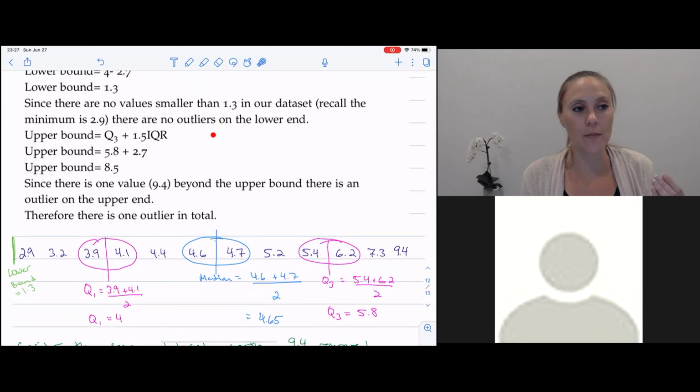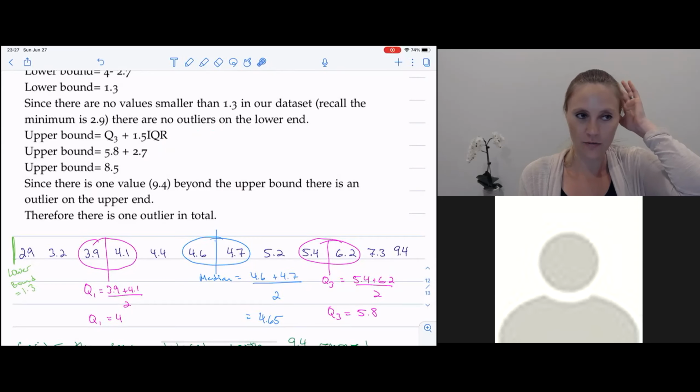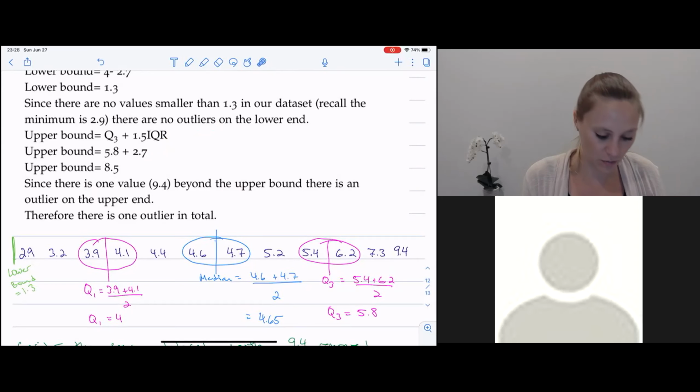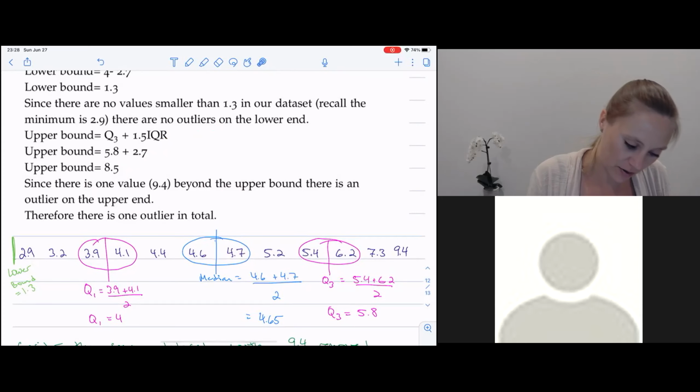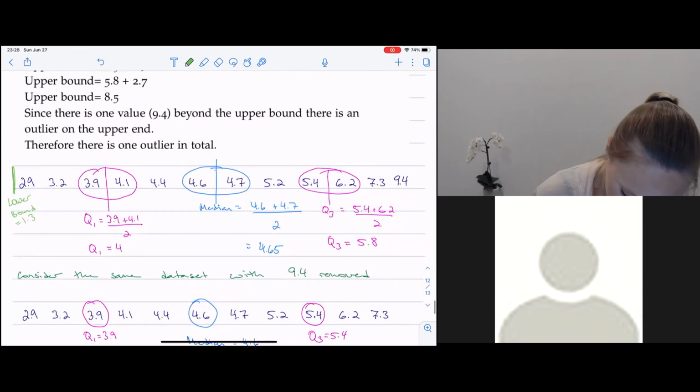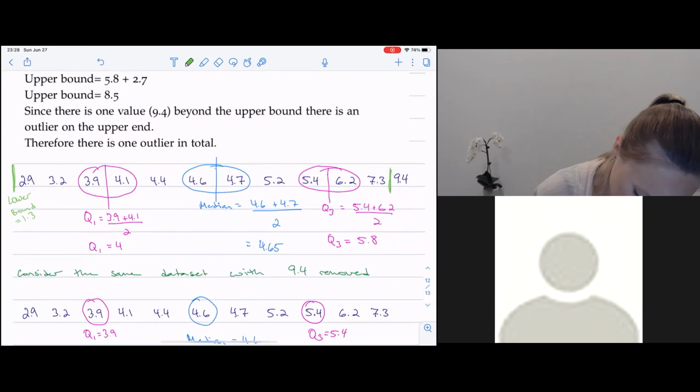Now let's look at the upper bound. Again, 1.5 times 1.8 is 2.7. We already showed that, so I can just jump straight to 2.7. And so 5.8 plus 2.7 is 8.5, making my upper bound. If I put 8.5 on here, it would be somewhere between 7.3 and 9.4.